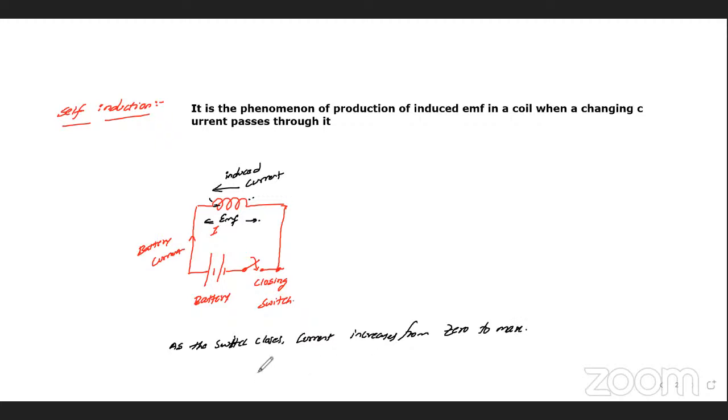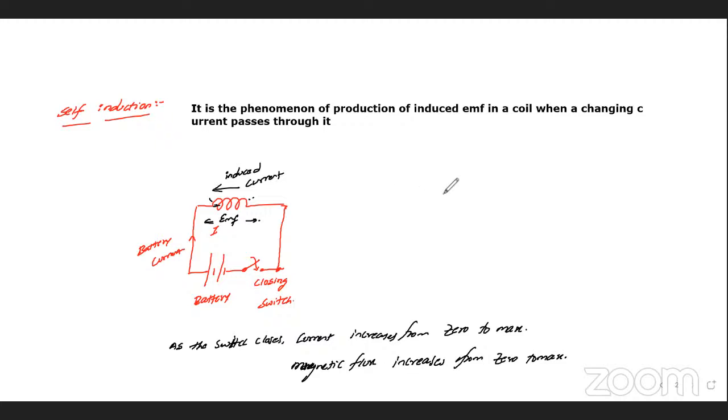Same thing here, when the switch is closed, current flows and flux is induced. So here magnetic flux also changes. Magnetic flux increases from your 0 to maximum. So here, when the switch is closed, the induced current is in the opposite direction.